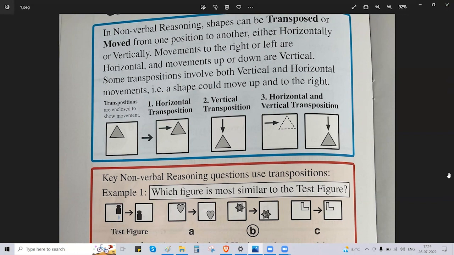So that means that the figure that's most similar would be B because it's going down and then it's going to the right. And then you end up here. So it's B. Exactly, that is right. So it's B.